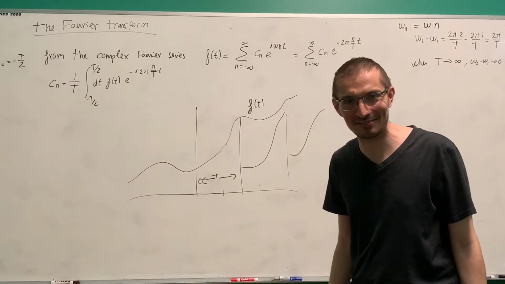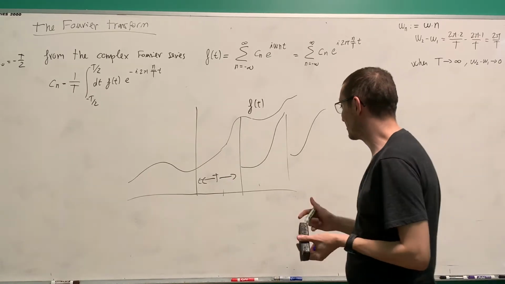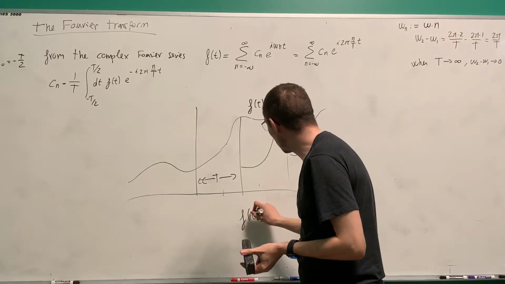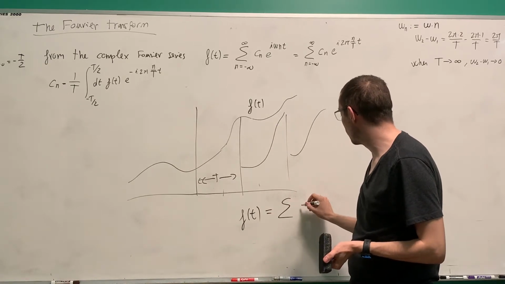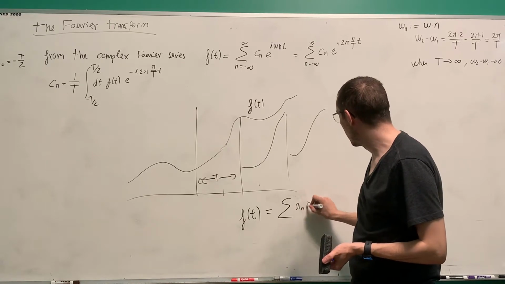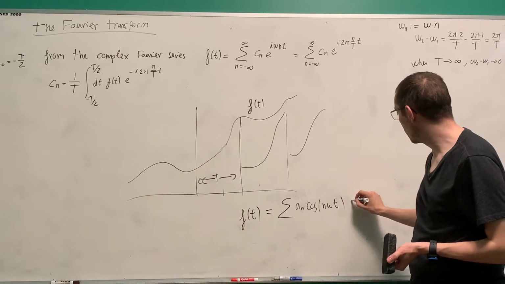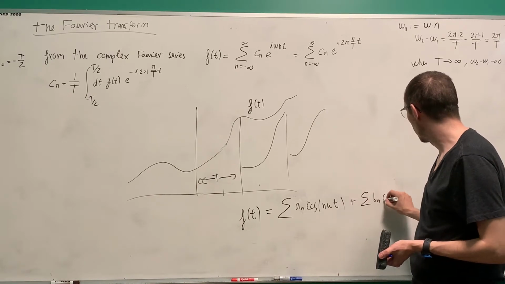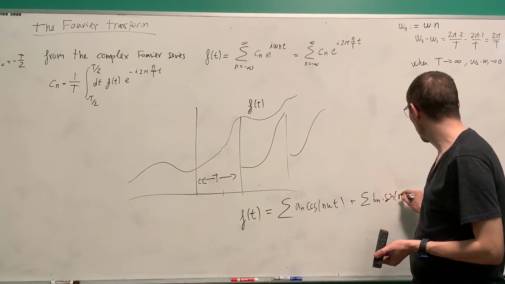What would happen then? Now, it's really important to realize what the Fourier series is doing. I have a function f of t that is not oscillatory, but suddenly I write it as a sum of oscillatory functions. So cosines, I can write like that, a_n cosine n omega t, and b_n sine n omega t, right?